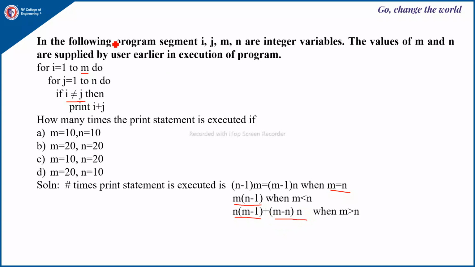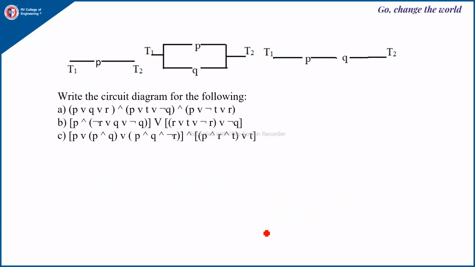The loop gets executed after m becomes greater than the value of n. Therefore in each case, substituting the values of m and n in the general formula, we are going to get the required answer. The first and second cases are where m is equal to n, the next case is m less than n, and the third case is m greater than n. So substitute in the required formula and get the output.